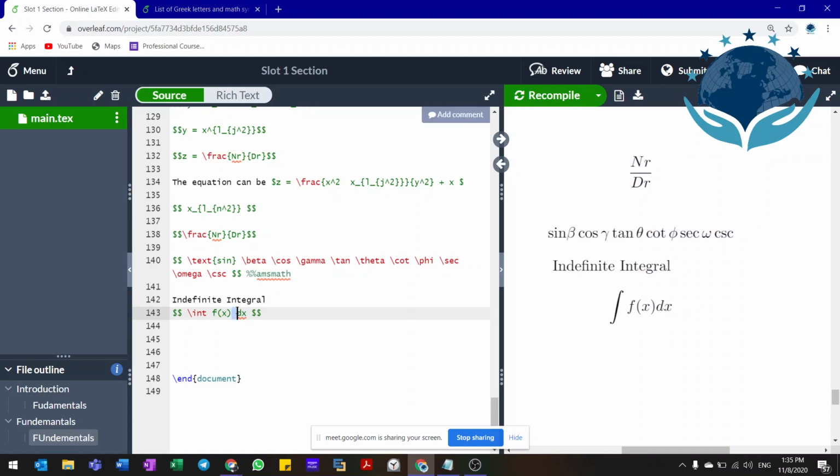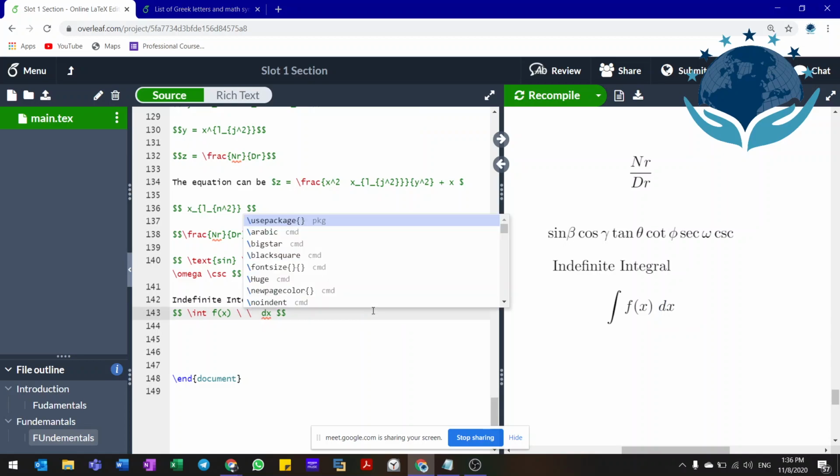Whatever space you give inside the math mode will not be accepted. In order to give any particular space, you can use the backward slash symbol. Here the backward slash followed by a space is treated as a space bar, so you can see one space is attached.